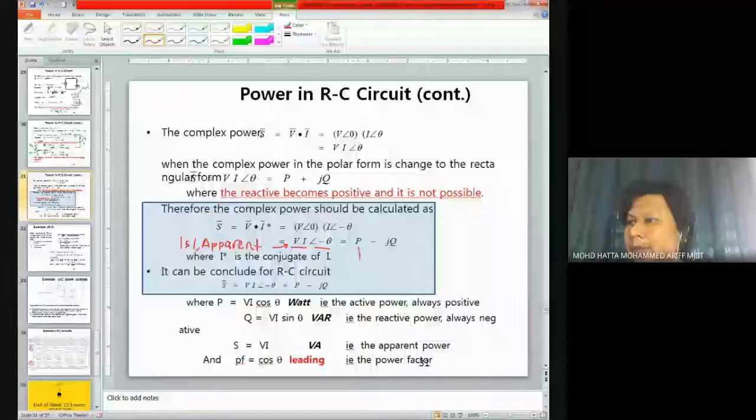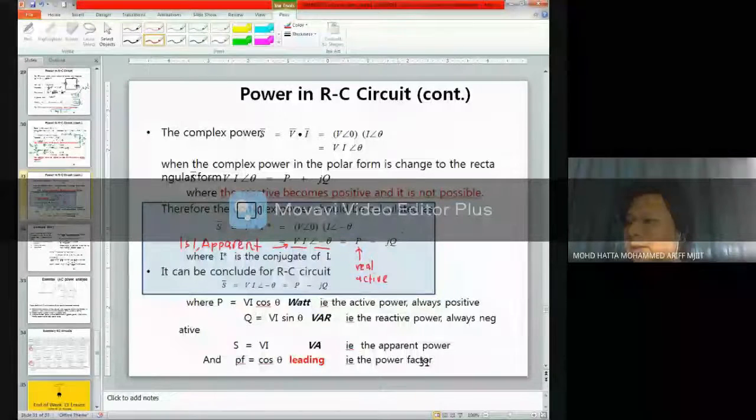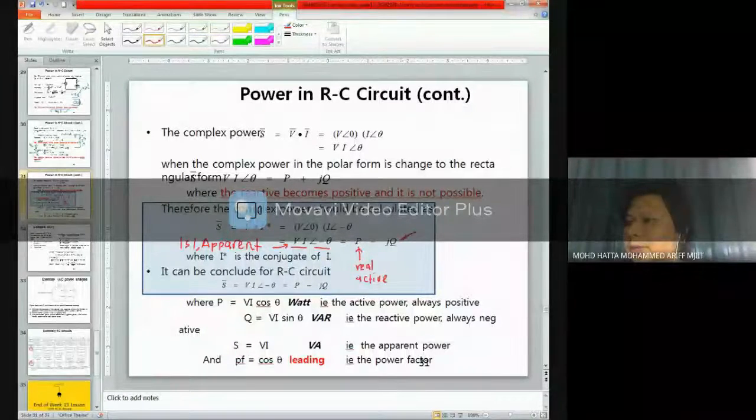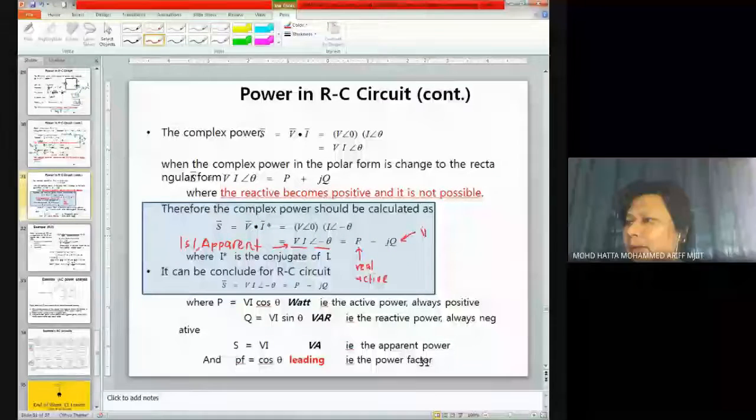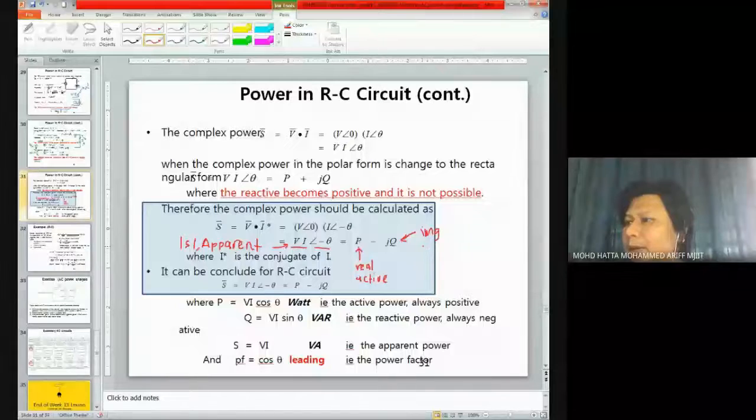the real part is basically your active power, real or active power, and the imaginary part, IMG, imaginary part is your reactive power.